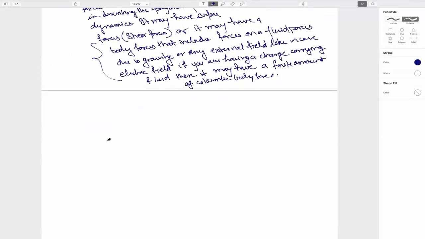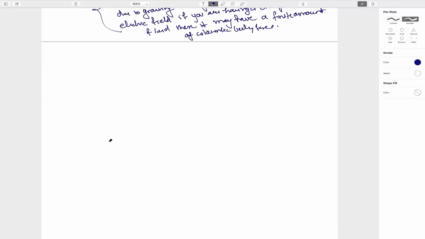As a property of fluid, we will first study pressure. Before studying pressure, we will first describe different types of fluid.